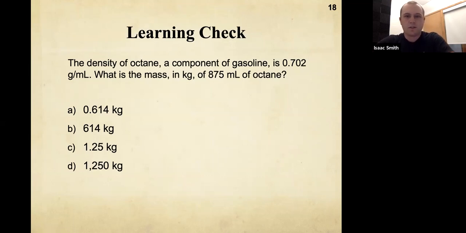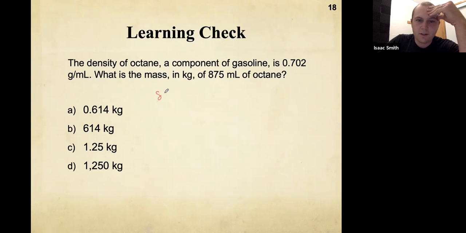All right, let's go ahead and work through this problem now. So the density of octane, which comprises a large part of gasoline, is 0.702 grams per milliliter, okay? So this is our density, and we can write that as a conversion factor. So what is the mass in kilograms of 875 milliliters of octane?